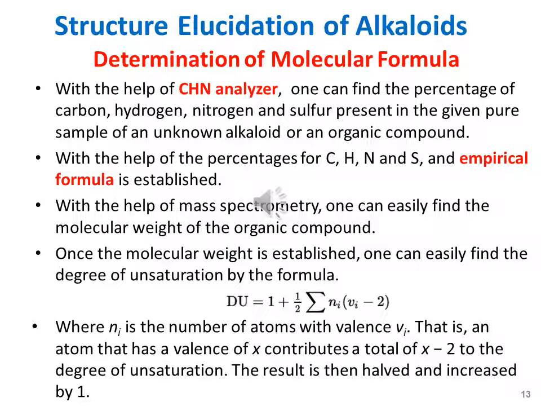That is, an atom that has a valence of X contributes a total of X minus 2 to the degree of unsaturation. The result is then halved and increased by 1. In this way you can determine the degree of unsaturation present in the given unknown structure of an alkaloid.